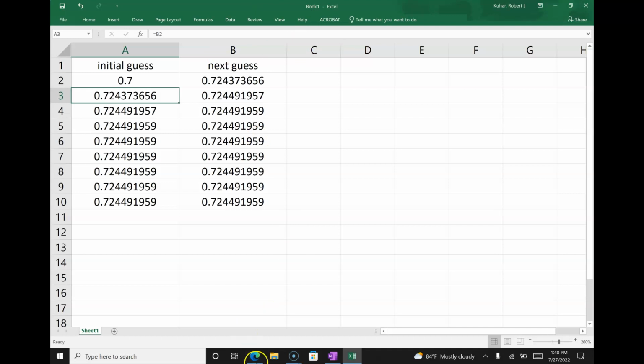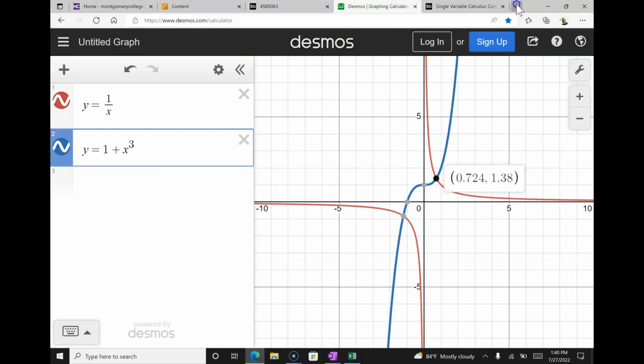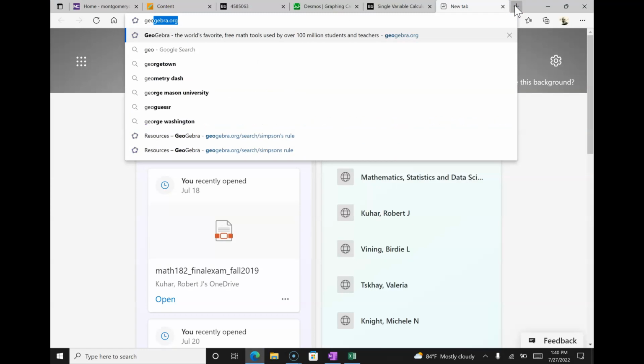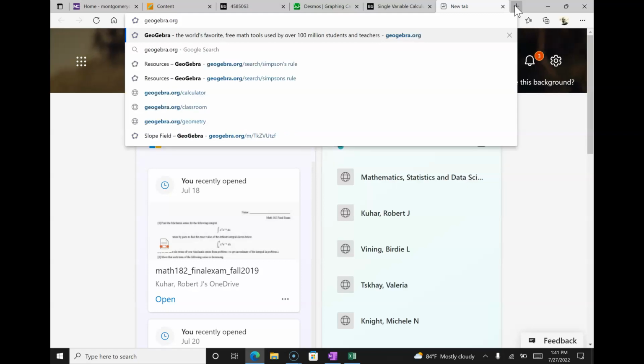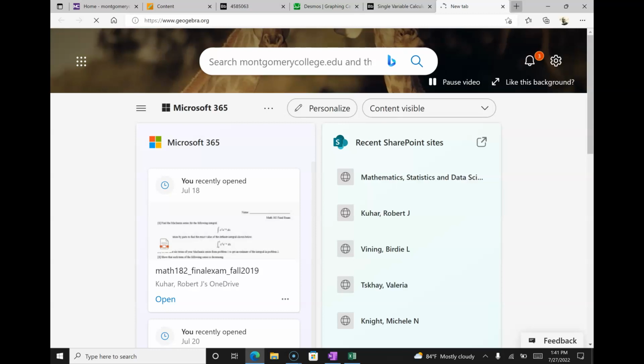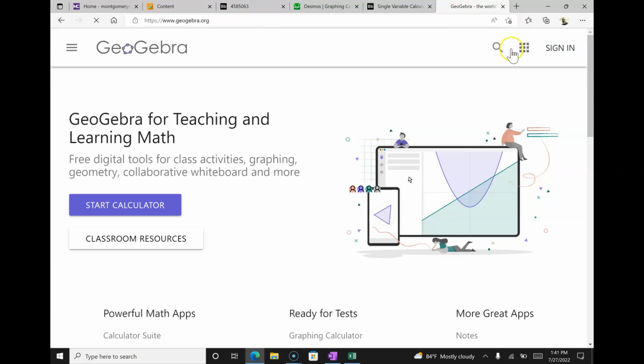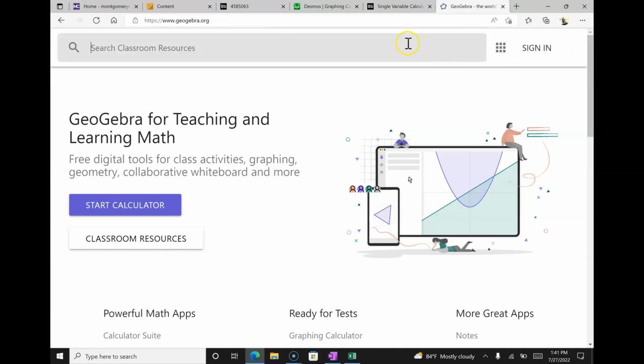It's really cool if you take a look at GeoGebra. So geo, like geometry, and then the rest of algebra, geogebra.org. And I go to the search magnifying glass up there on the right, and I type in Newton's method.